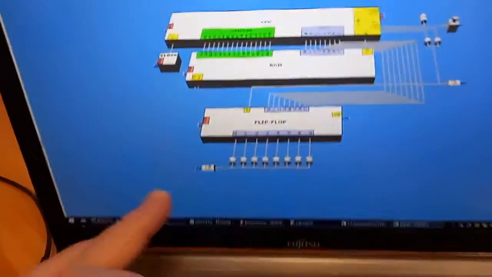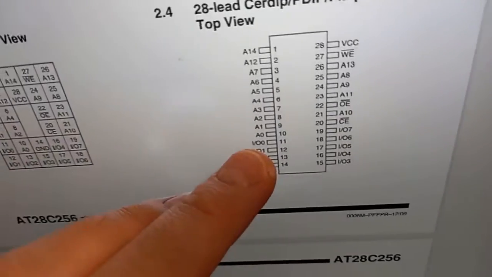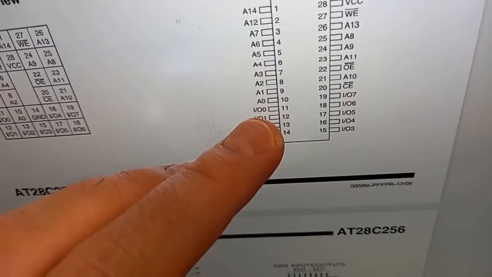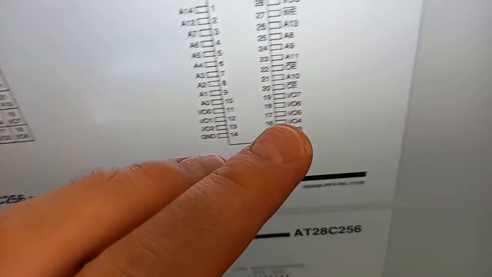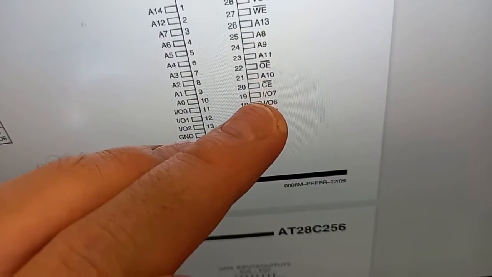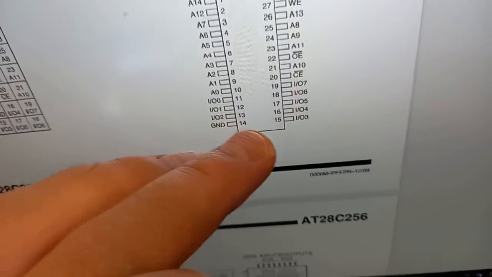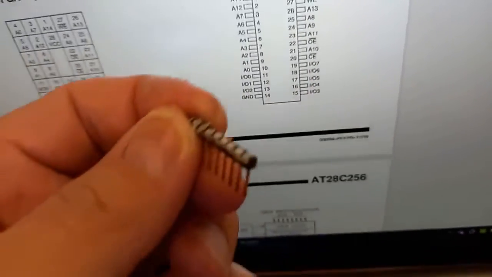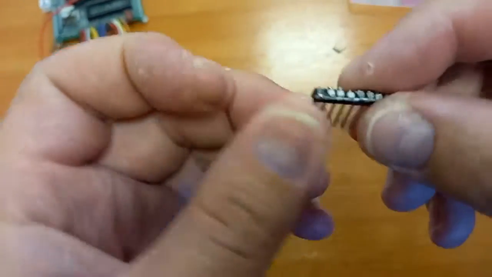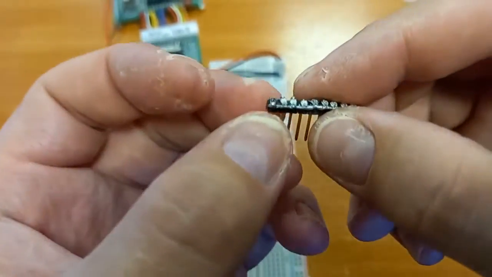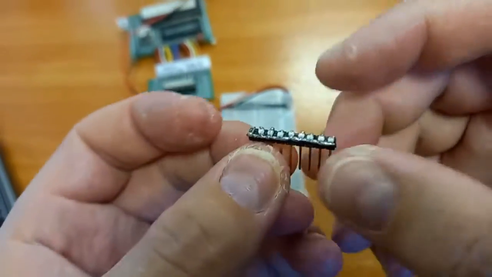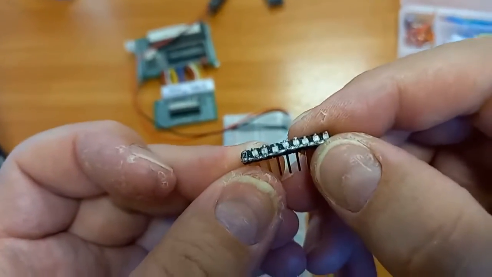So we want to watch what we have at the pins from IO0, that's D0, to IO7, that's D7. Data pins we want to watch. That's why we connect them with the inputs of the diodes. And the resistor is needed to protect them from overburning.